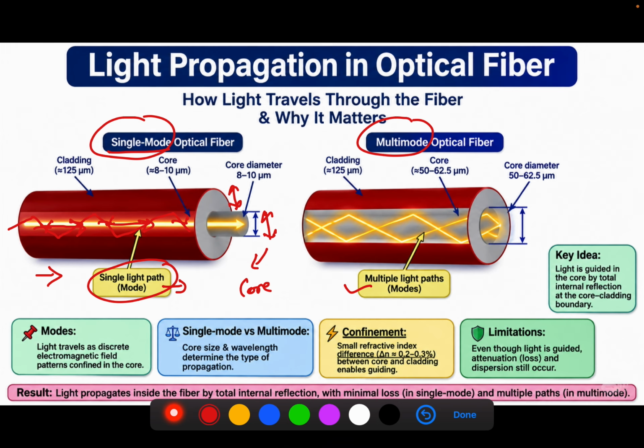The core diameter in a single mode fiber is around 8 to 10 micrometer, and in a multi-mode fiber it is around 50 to 60 micrometer.